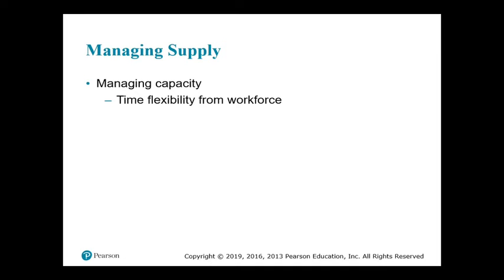This is achieved by, for example, using a 2-shift schedule, and then the rest 8 hours in a day can be scheduled as overtime if there is a peak in demand. Additionally, we can use seasonal workforce. When demand is peaking, we hire more people, or we hire some part-time workers.